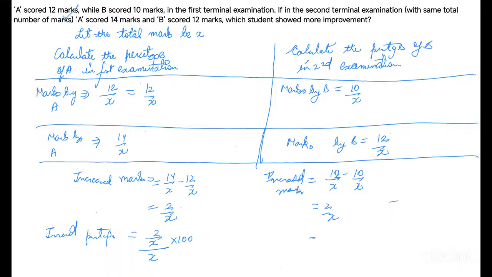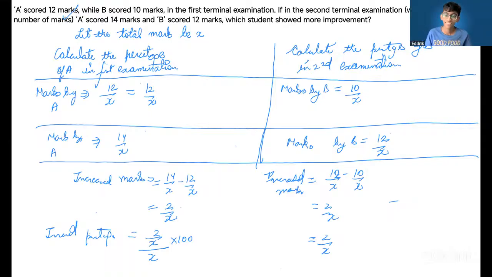This will also become 2 by X into total marks. So your method is wrong. My method is easy. I'm blurred.